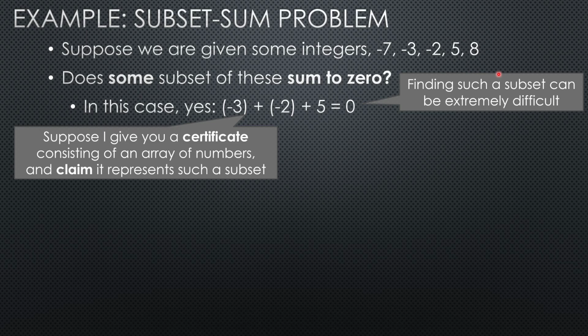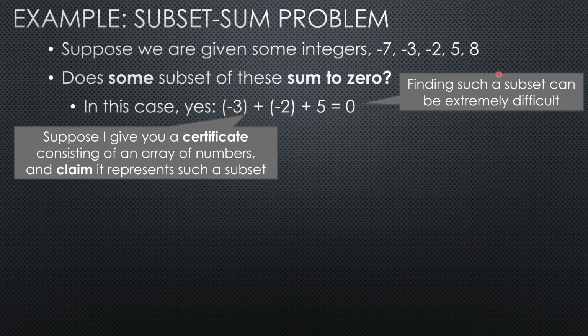In this case, a certificate would, for example, consist of an array of numbers. And the oracle would claim that it represents a subset of the input that sums to 0. So the oracle could give you a certificate containing -3, -2, plus 5.